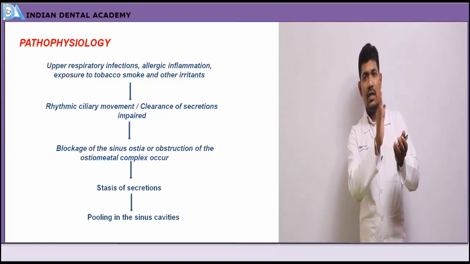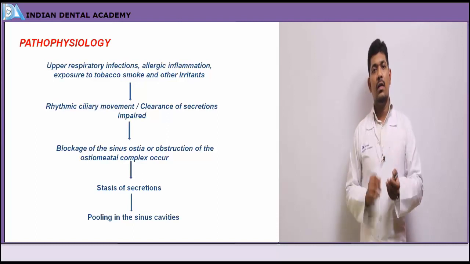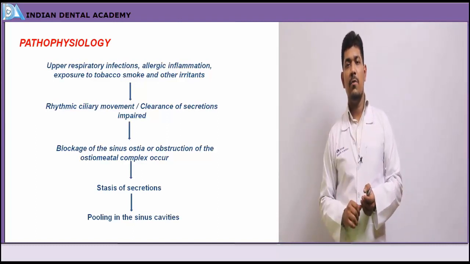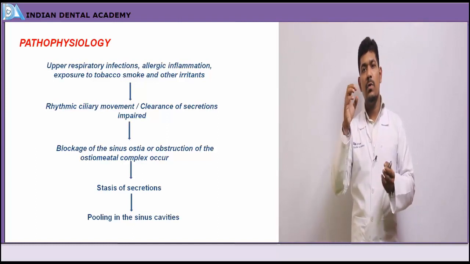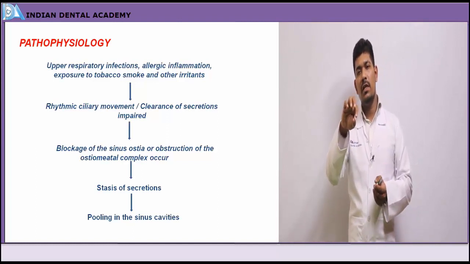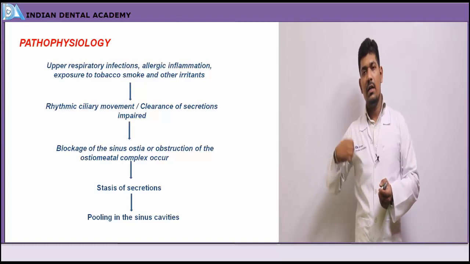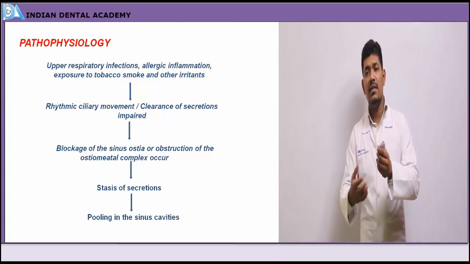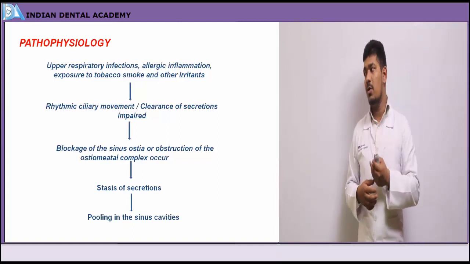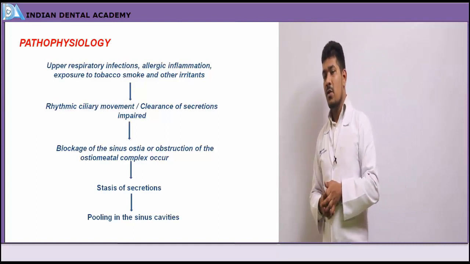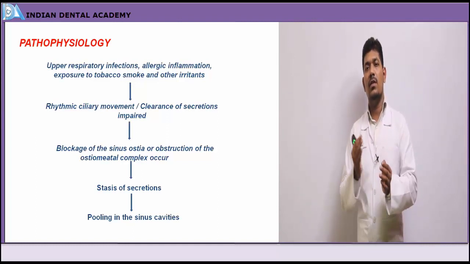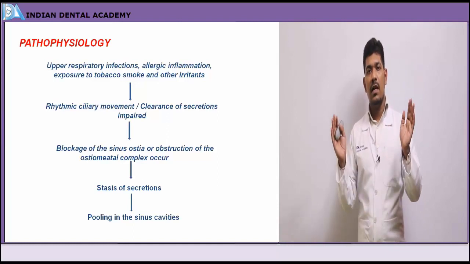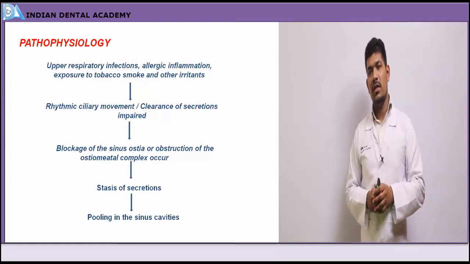If you see the anatomy of the medial nasal fossa, we can see that there are a few areas through which the secretions flow out of the nasal mucosa, basically serving as an excretory system for the nasal mucosa, that is, the sinus ostia. Because of this impaired clearance, there is accumulation of mucous secretions and gradual blockage of these sinus ostia.